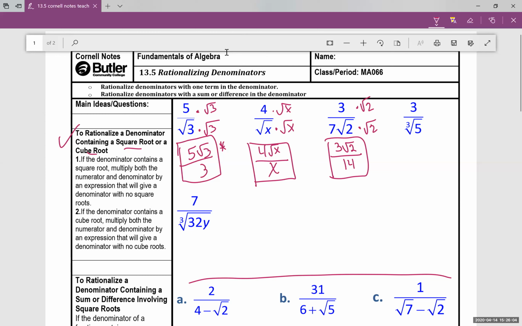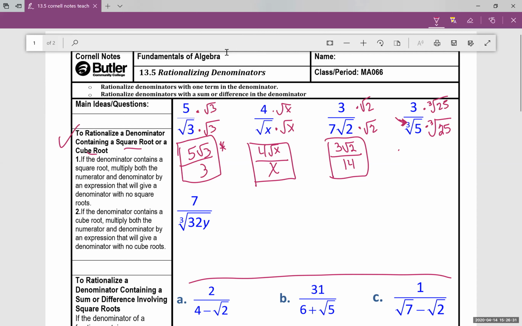Now looky what we're dealing with, a cube root. This is when these get a little bit trickier, so you have to think in terms of cube roots. Now we have to multiply by something to get this to a perfect cube. I hope you're thinking what I'm thinking. If I multiply times the cube root of 25, I'll show you what happens here.